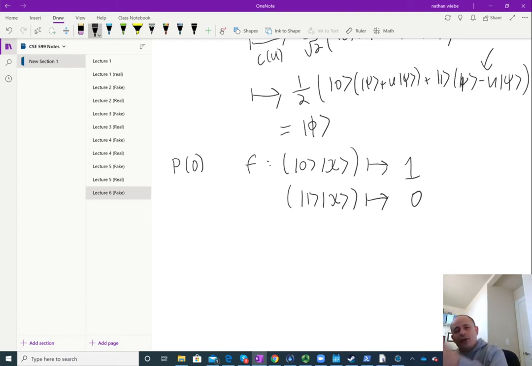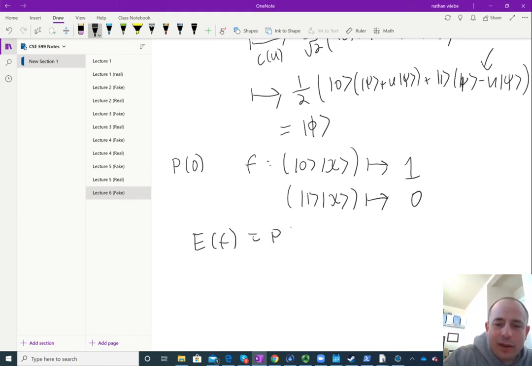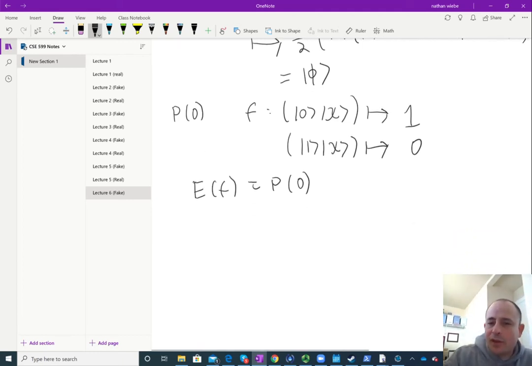It counts whether or not a portion of the quantum state is parallel to 0 in the first qubit or not, and it acts as 0 or 1. And the expectation value of f over here is clearly then the probability of 0. Now, the expectation value of f, we can implement in the following way.